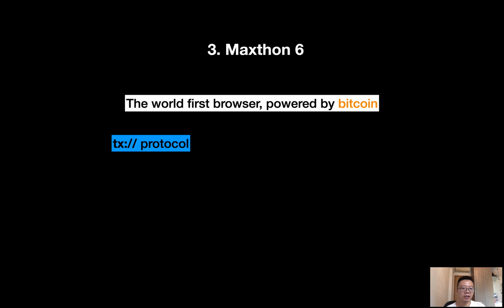In BSV applications, the application usually will embed all kinds of data into the transaction. Then we need a way to display that data. The TX protocol is designed to display data in the transaction. Now, I will show you several examples.